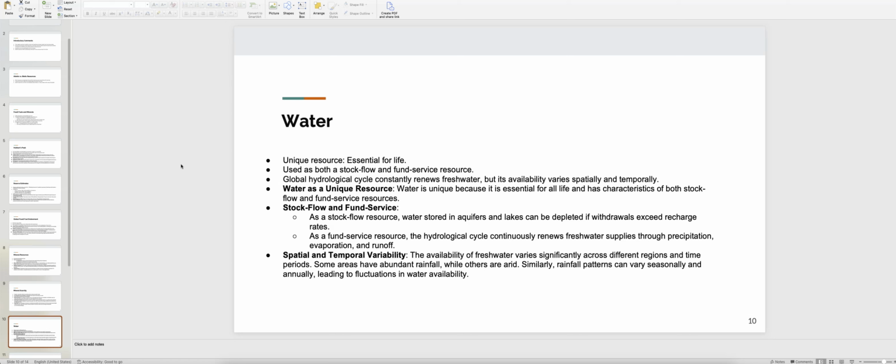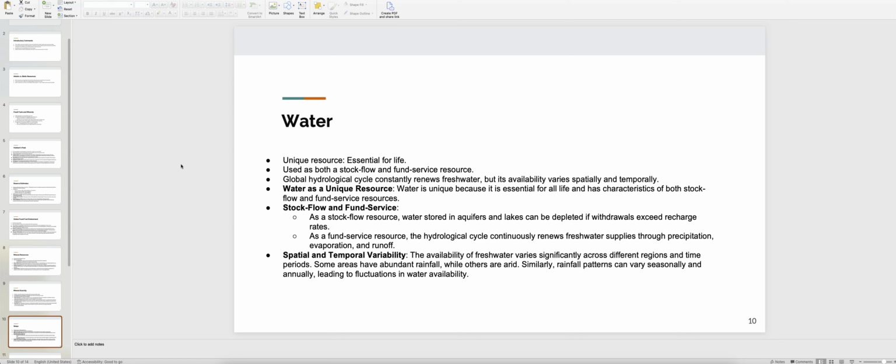And then we get these other kinds of resources, for instance, like water. Now, that we know is incredibly important because it's essential for life. But what we see is that it's both a stock flow as well as a fund service resource.